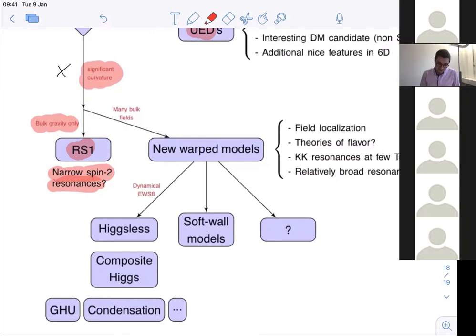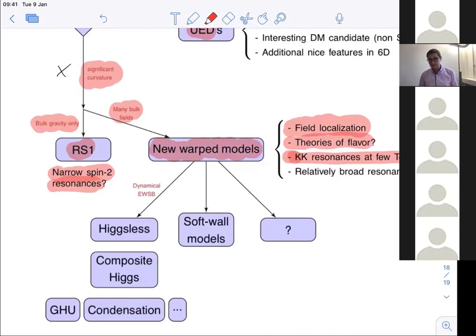Then we can relax this assumption, because to solve the Higgs hierarchy problem we need the Higgs to be localized on the infrared brane, but perhaps other fields, fermions, can have some profile, okay? They could leak. For example, if they are more on the UV brane, they could leak into the bulk. For example, the right-handed top was more localized on the infrared brane. And now there is the whole class of these new warped models where you allow for many bulk fields. So we have this field localization, which can help us to solve the flavor puzzle. Again, the prediction here is that we have KK resonances at the TeV scale.